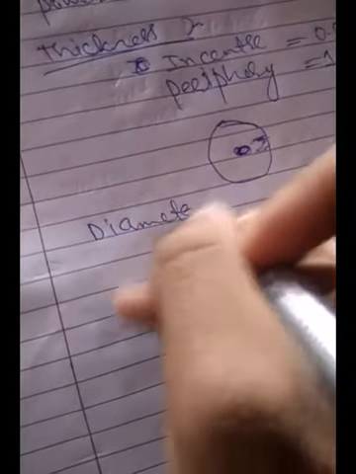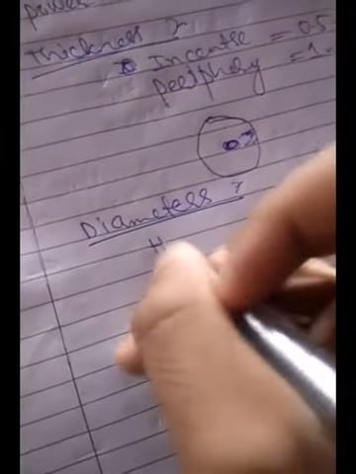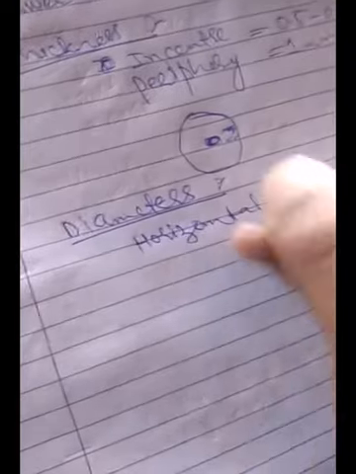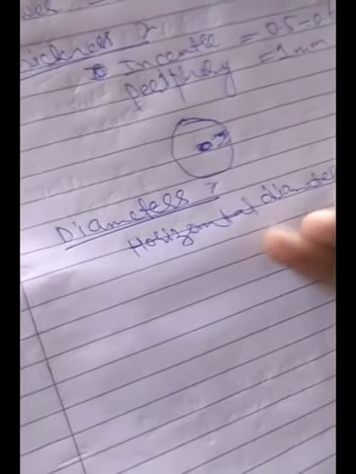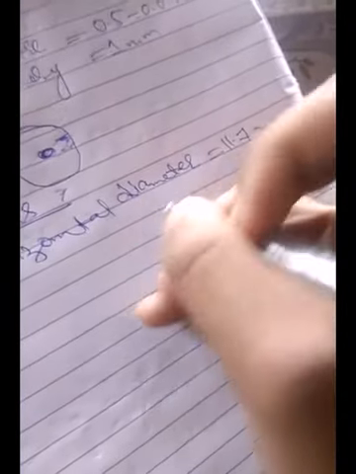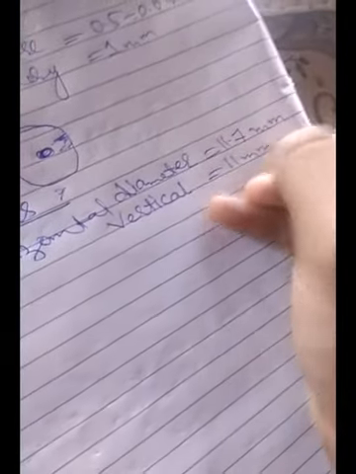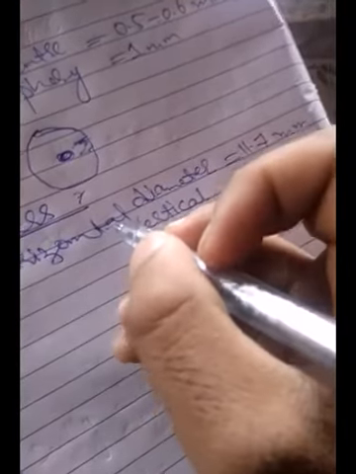Diameters of cornea. Horizontal diameter is 11.7 mm and vertical diameter is 11 mm. In eyeball, horizontal diameter is more than vertical diameter.